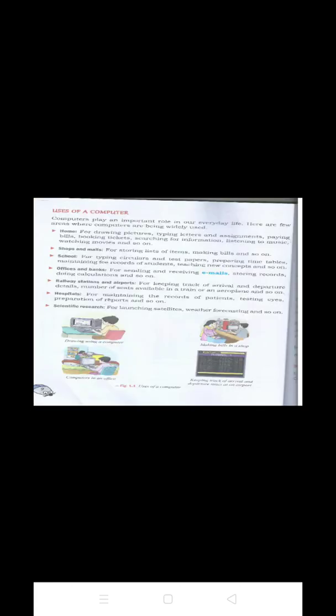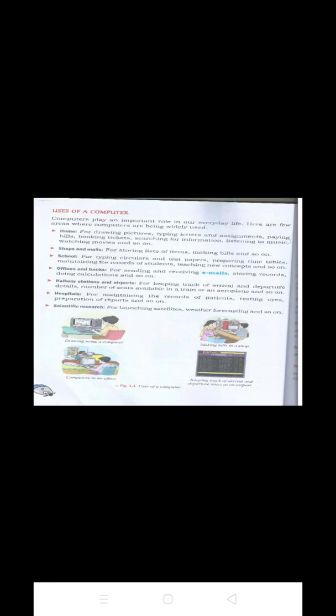What are the uses of computer? Where is it used? Let's see one by one. Computers are used in different places for different purposes. For example, at home. At home, computers are used to do homework and search for information.